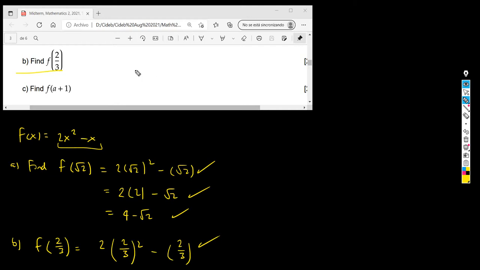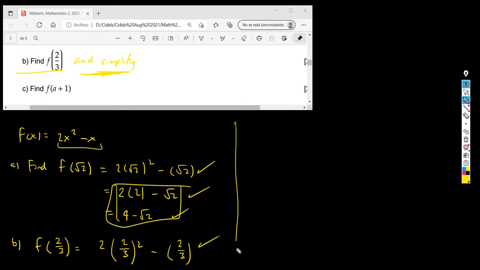Because if you notice, guys, in the instruction I'm only telling you, find the value of the function in this particular value of the input. I never told you, and simplify. I never gave you a phrase that would mean that you need to simplify as much as possible. So this is perfectly okay.